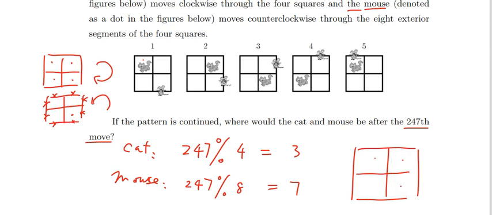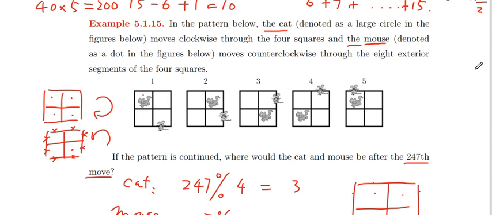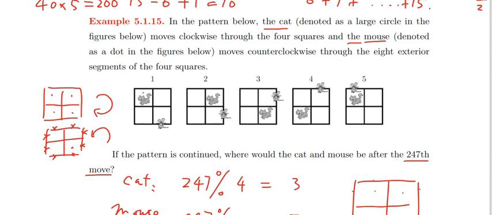So the cat is here, and for the mouse, 1, 2, 3, 4, 5, 6, 7. The mouse is here. Okay. So this problem, actually, we can regard as a remainder problem, right? Yeah.